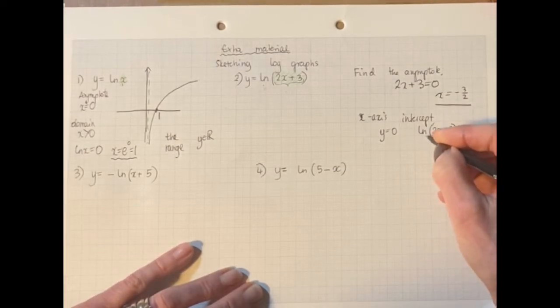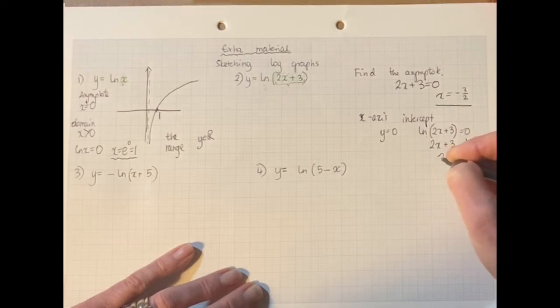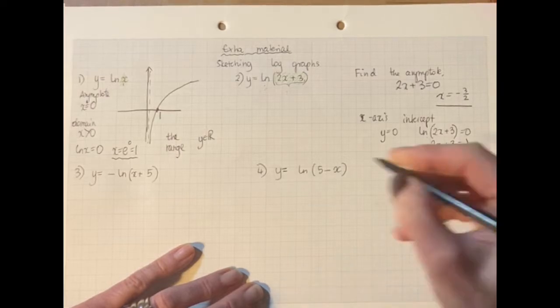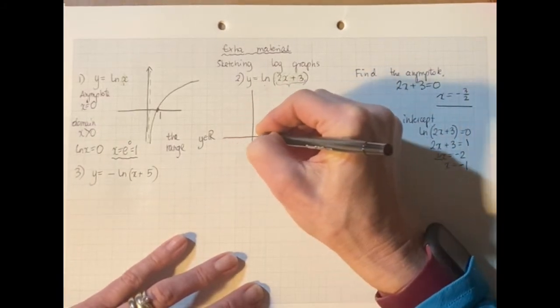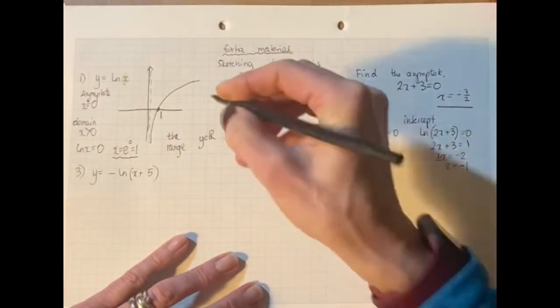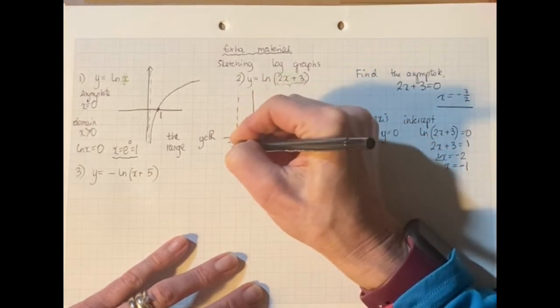So this is e to the power of 0, which is 1, is equal to 2x plus 3. So 2x is equal to minus 2, so x is equal to minus 1. And you're almost ready to sketch it. So the asymptote was x is minus 3 over 2.